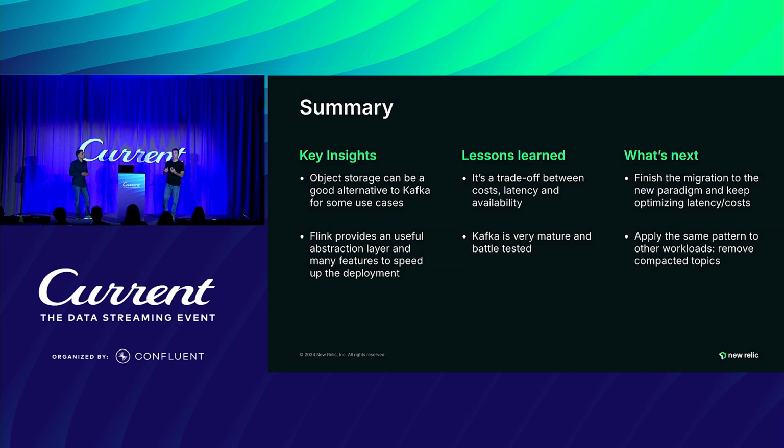Now, the problem with that pattern and the cell architecture is we end up replicating those topics everywhere, and that's very redundant. We have the same data coming from databases in many different places, and it's pretty expensive.